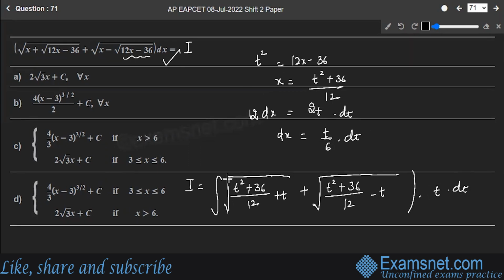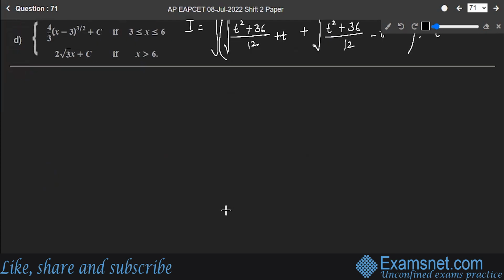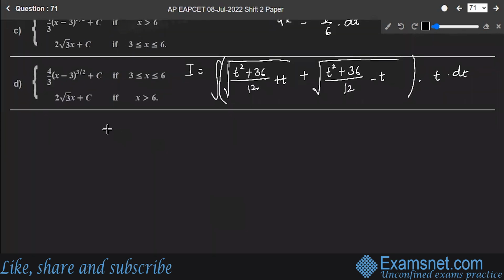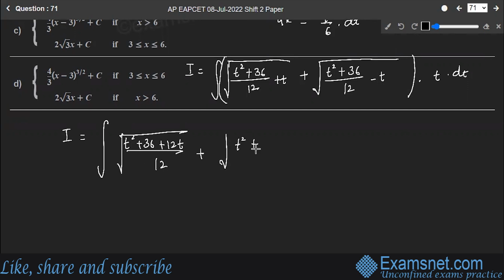This whole thing will be multiplied, right? So now let's solve it further. Integral is equal to root of t square plus 36 plus 12t upon 12, plus t square plus 36 minus 12t upon 12, whole multiplied by t into dt.